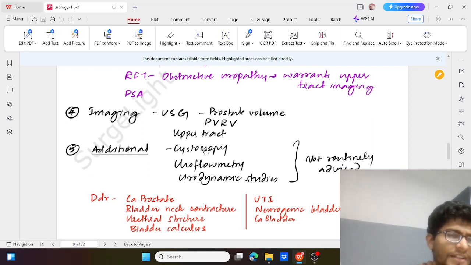Then there may be a need for cystoscopy, which can be needed in some cases, if there is no improvement after medical therapy. And lastly, urodynamic studies, which will also give us the pressure and flow relation of the patient, and especially will be useful in cases of overactive bladder.